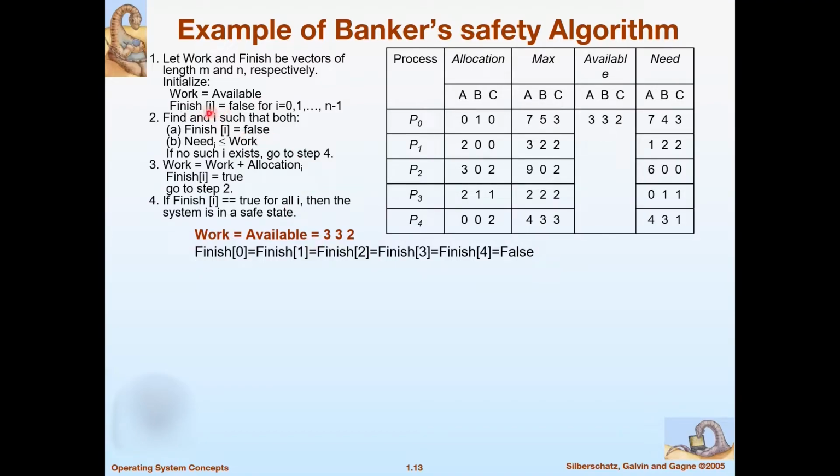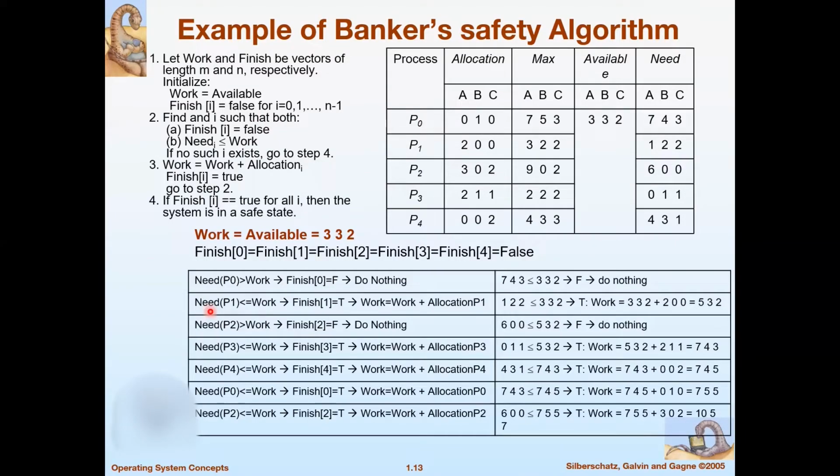Since there are 5 processes, this vector finish will also be of dimension 5. And initially, all of the finish vector is equal to false. Now for the banker's safety algorithm, we take every process and try to find out whether the future need of the process can be satisfied by the available number of resources at that instance of time.